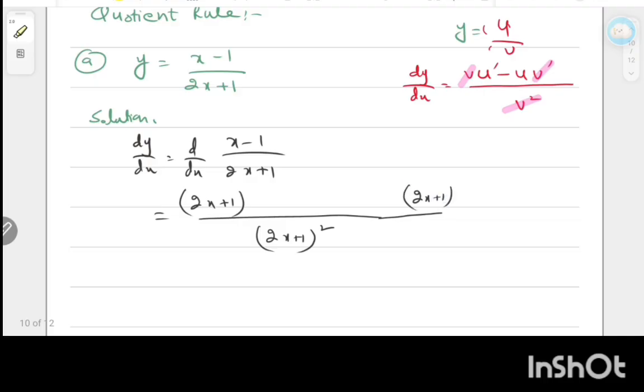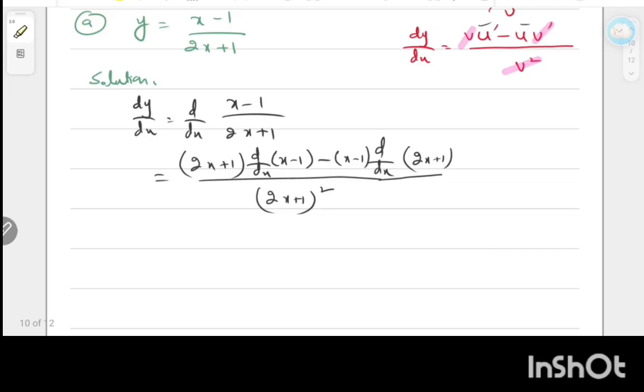Now take the derivative: it is the derivative of u, x minus 1, then minus the derivative of u is the same, as it is, x minus 1 and the derivative of v, d over dx of 2x plus 1. Now further we have to solve.